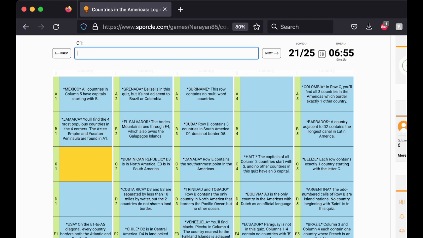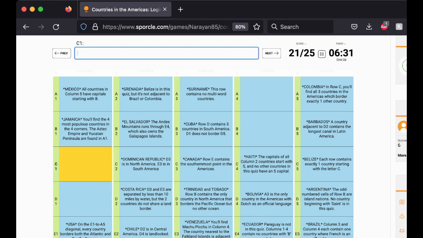A country adjacent to D2 contains the longest canal in Latin America. Okay, so this is D2, so that means it's either C1 or D1. Now, from the earlier hint, D1 and D5 are both in South America.